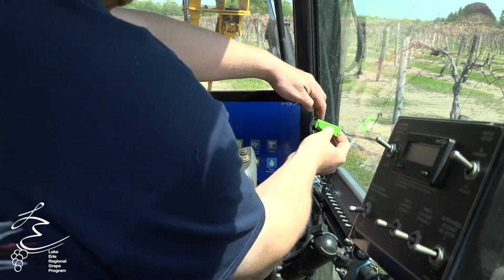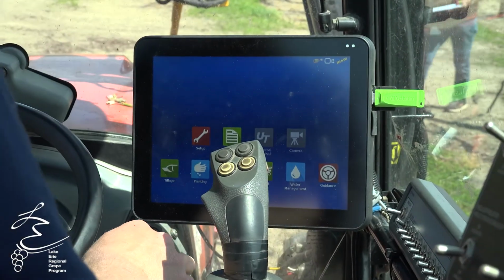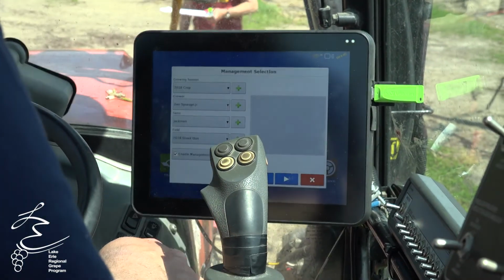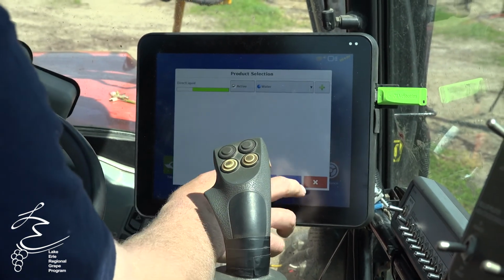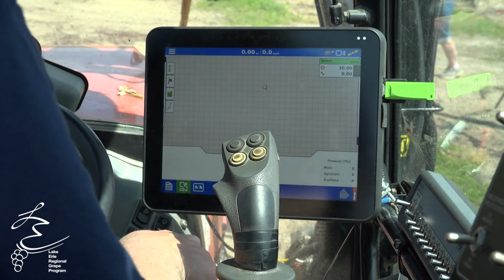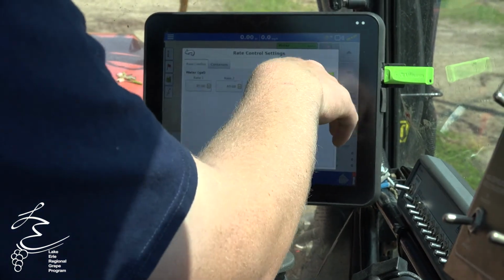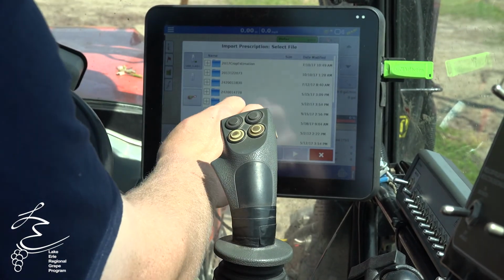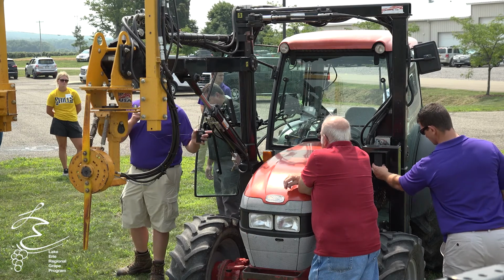By putting the Ag Leader system on, we put a liquid flow control module on. Your monitor is your interface. That's where we take our prescription map. We download our prescription map into the monitor. From there, the monitor talks to the liquid module. The liquid module is what processes our prescription. And from there, the signal comes out of the module and goes into a PWM valve that controls the speed.